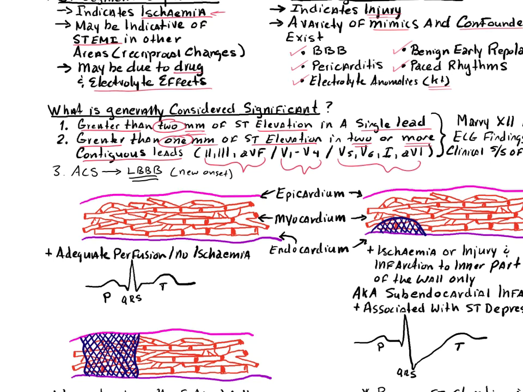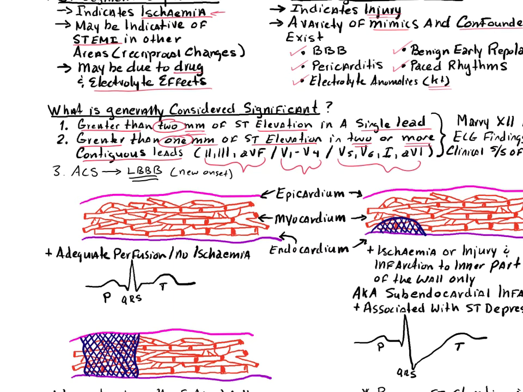So a new onset or presumably new onset left bundle branch block with signs and symptoms of an acute coronary syndrome, that also is indicative of a STEMI.